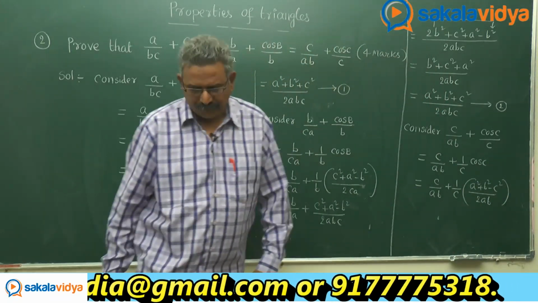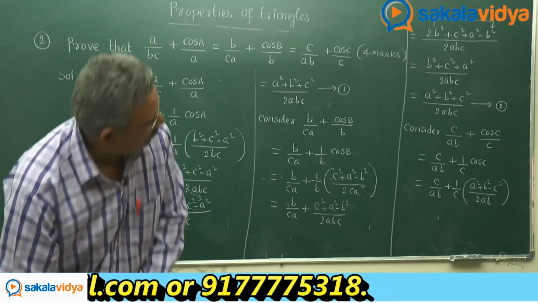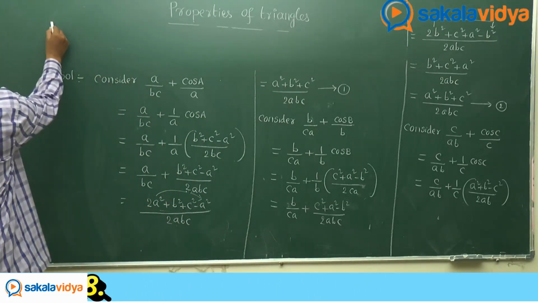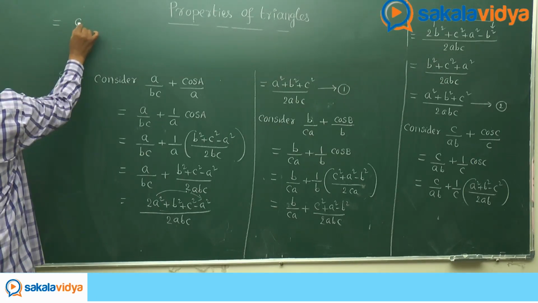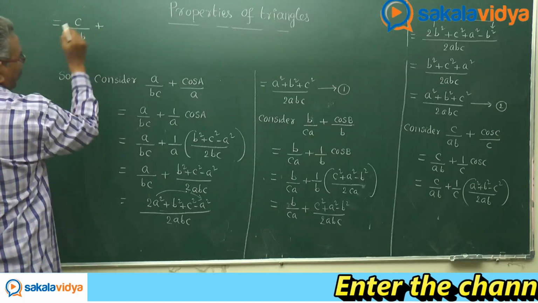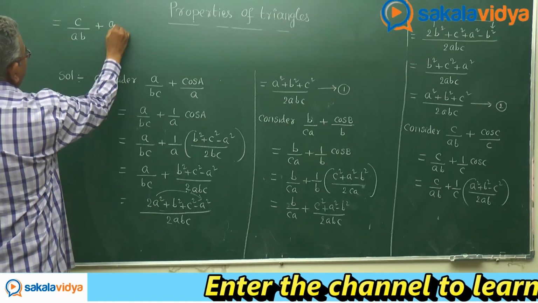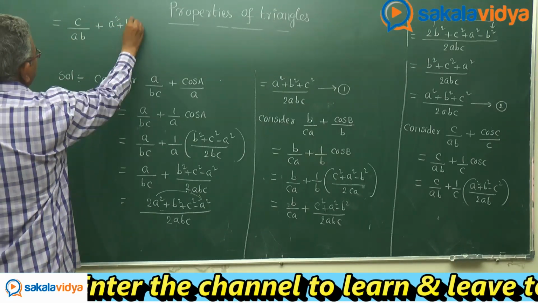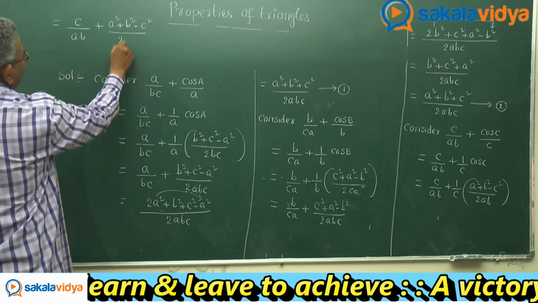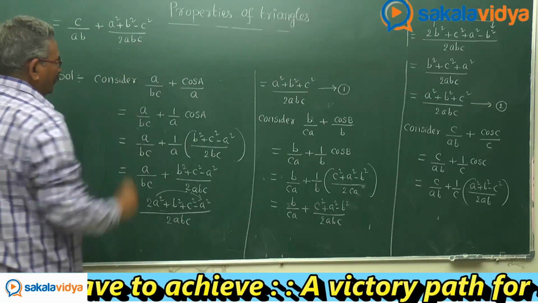So now we have to simplify carefully. This is c/ab + (a² + b² - c²)/2abc.